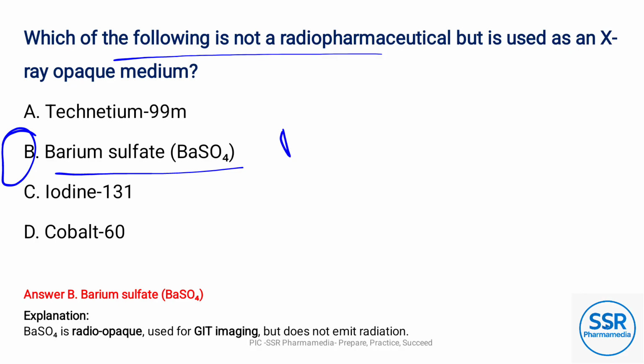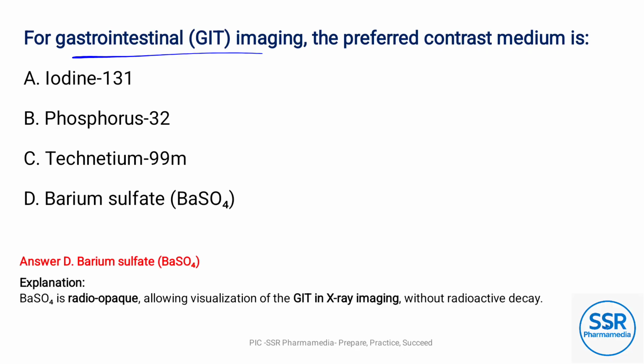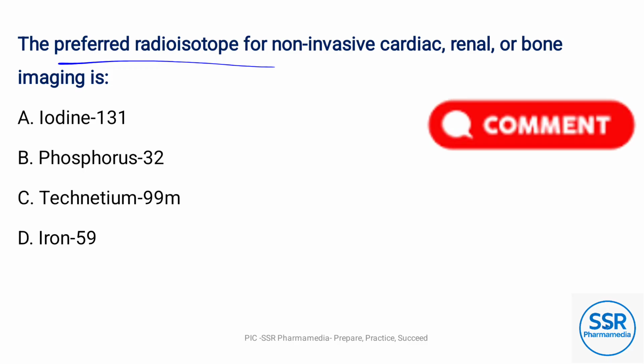It is also called barium meal. For gastrointestinal imaging, the preferred contrast medium is option D, barium sulfate meal. The preferred radioisotopes for non-invasive cardiac, renal, bone imaging is? Answer in the comment box.